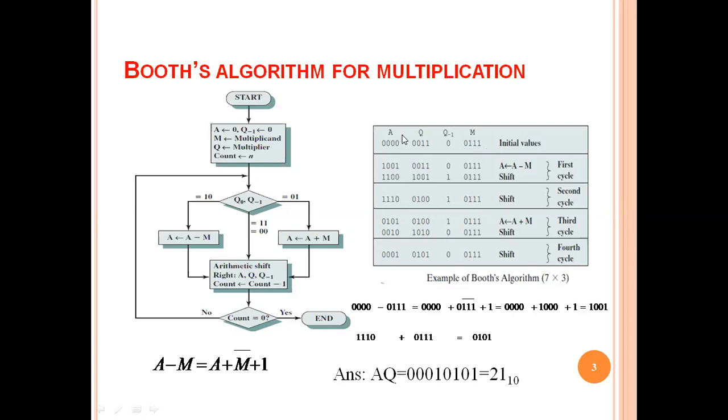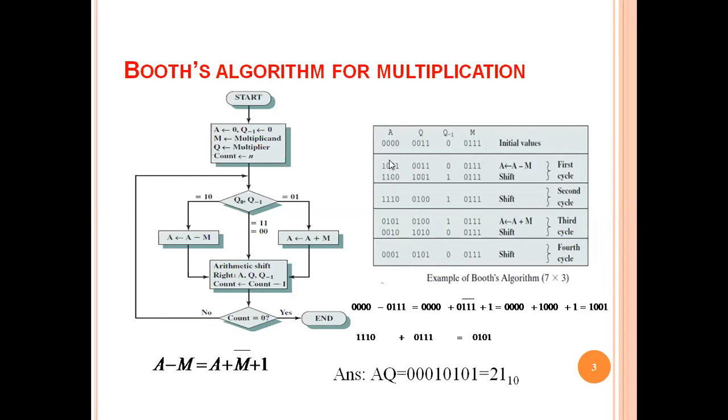For this reason, see here, initially we store into A 4 zeros: 1, 2, 3, 4. Q, what is Q? Q is the multiplier. What is the multiplier here? See here, 7 into 3. So 3 is the multiplier. Binary of 3 is 0, 0, 1, 1, so 0, 0, 1, 1 is stored here. Then Q minus 1, I have already told you, is a 1 bit register.